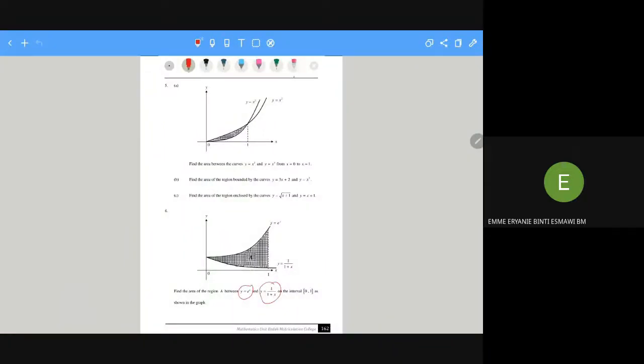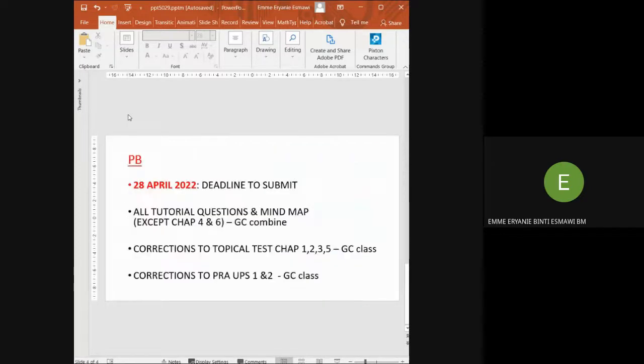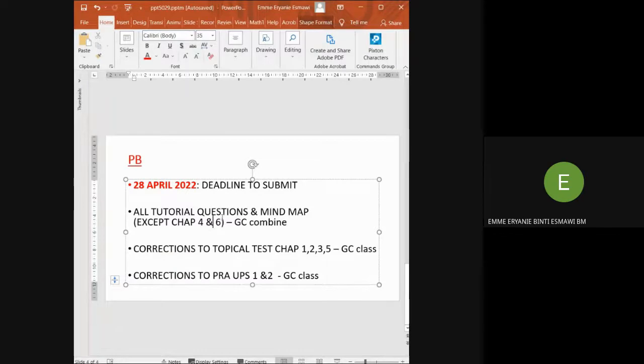Oh ya, disebabkan itu tadi, bila saya kata nak kena hantar PB tu kan, PB pula, tutorial tu kan, I want you guys to submit tutorial tu sebelum saya bagi your PB marks, finalize your PB marks. Kat sini saya kata accept chapter 4 and 6 untuk tutorial question. Sekarang ni saya buang chapter 4 je sebab chapter 6 tu memang dia boleh tanya dalam chapter 7.